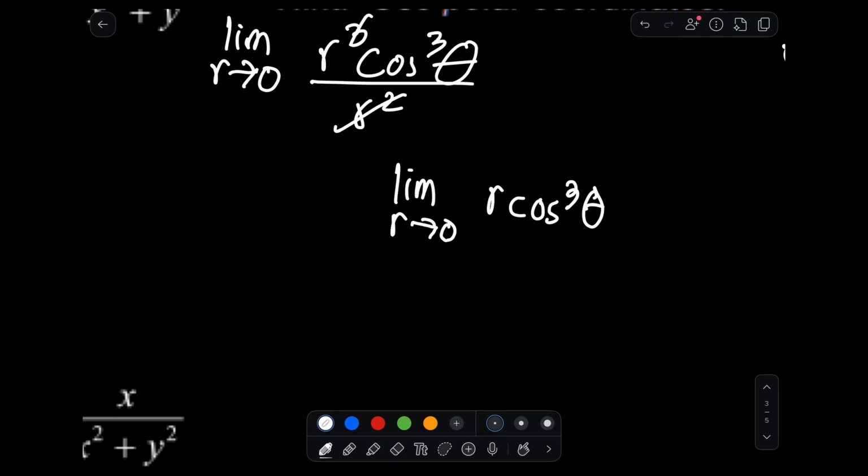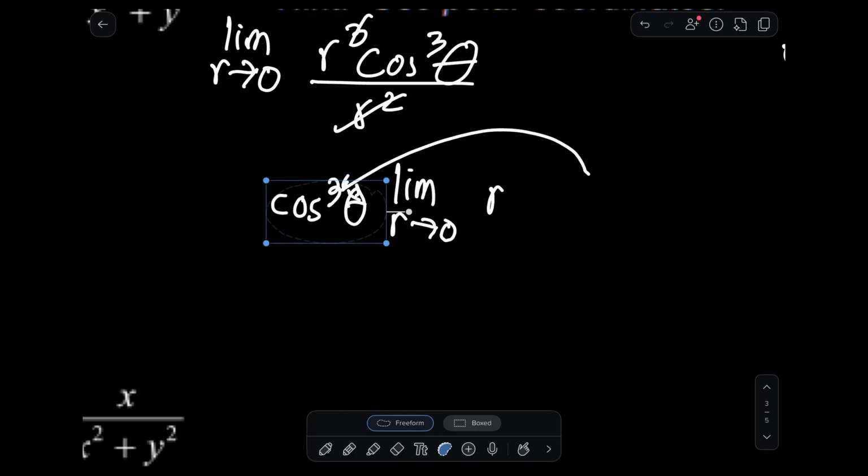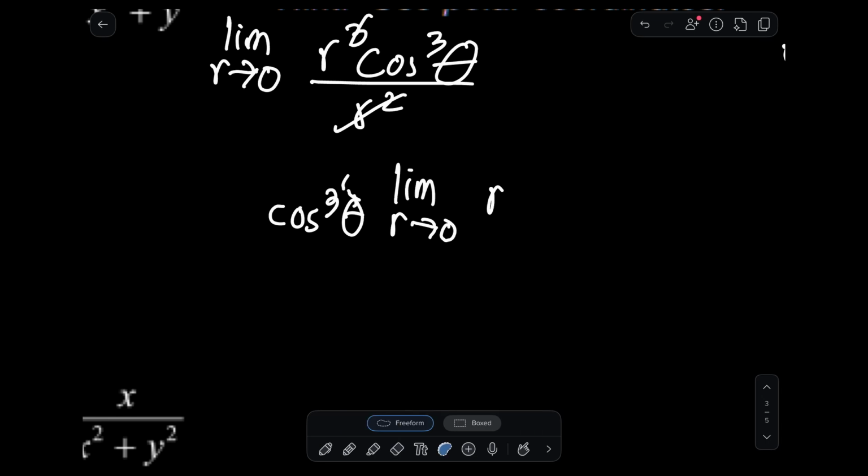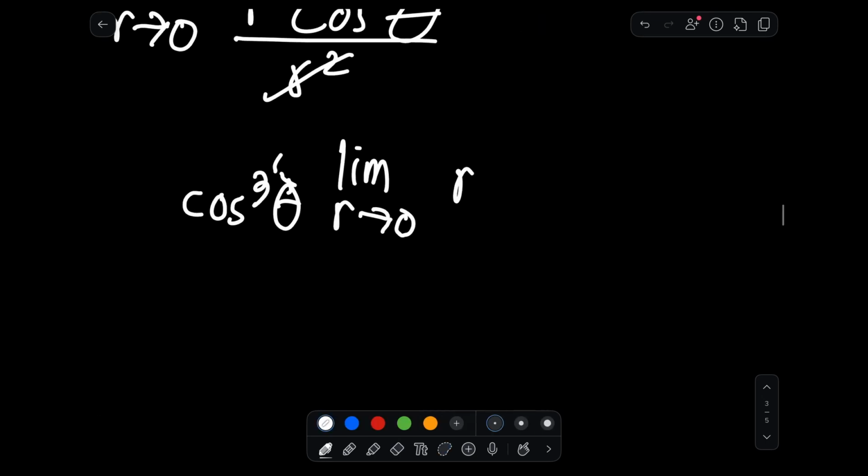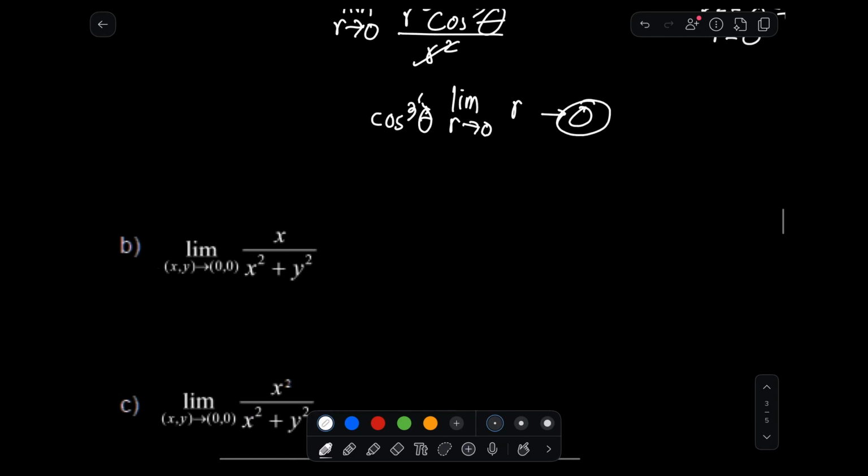It doesn't really matter. This is technically a constant with respect to r, so we could just move this out front like that, and then have the limit as r approaches 0. This goes to 0, so therefore the entire thing goes to 0.